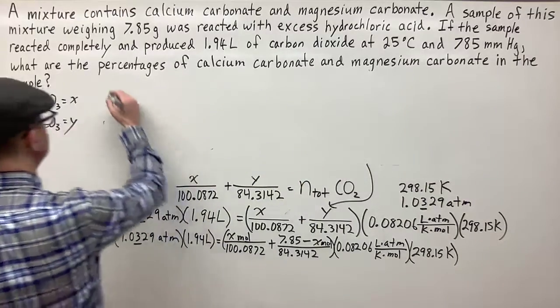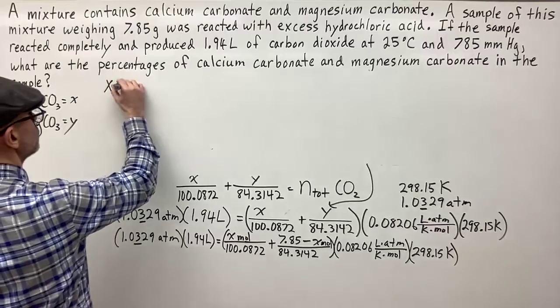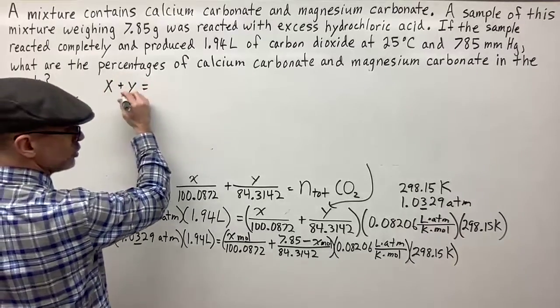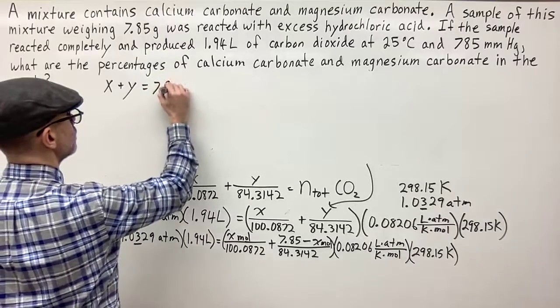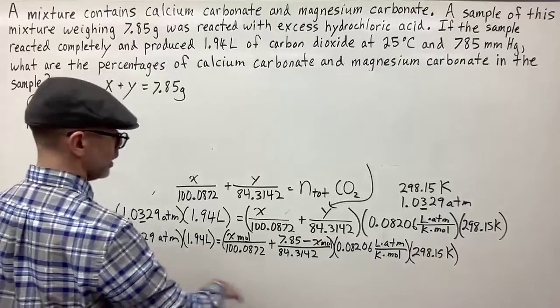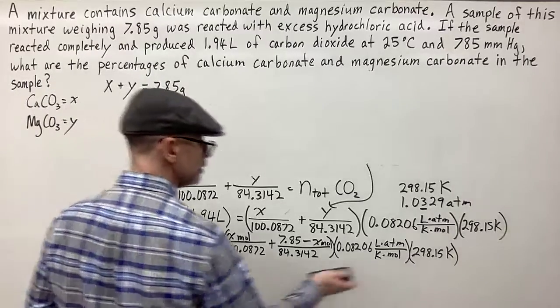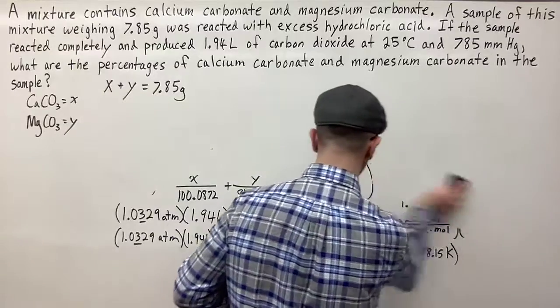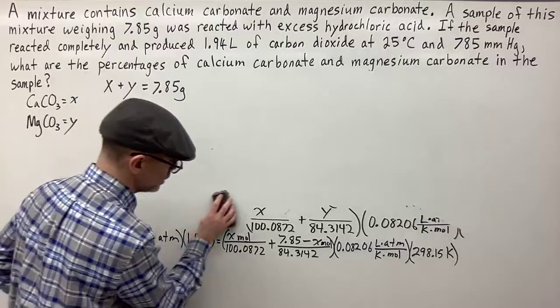And so I'll keep the X plus Y is equal to 7.85. That's going to be useful later. And so now let me get rid of all of this stuff so there's no confusion about what we're looking at.